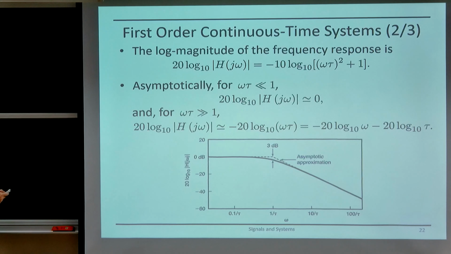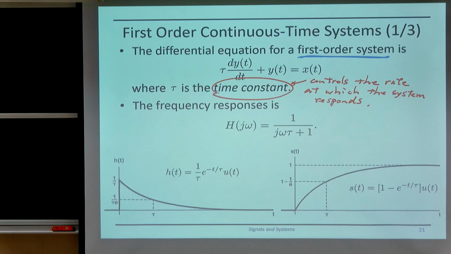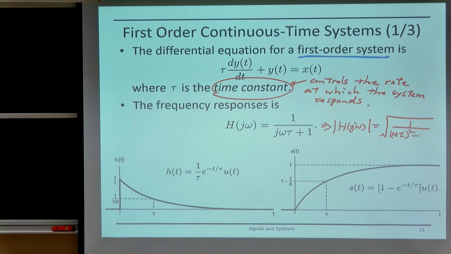Now, if you look at this, the magnitude is one over the square root of omega tau squared plus 1.